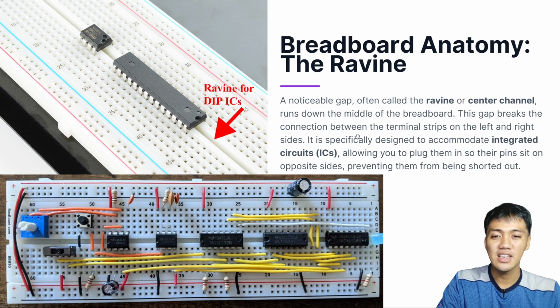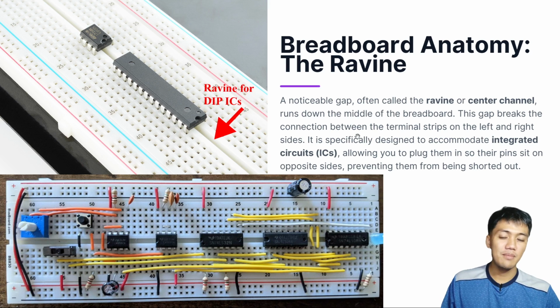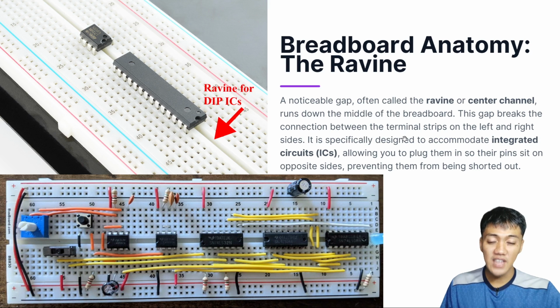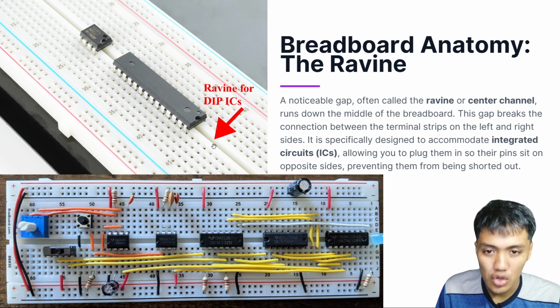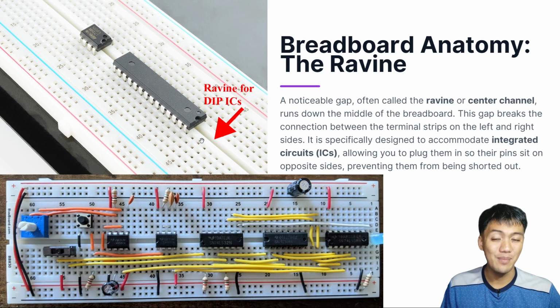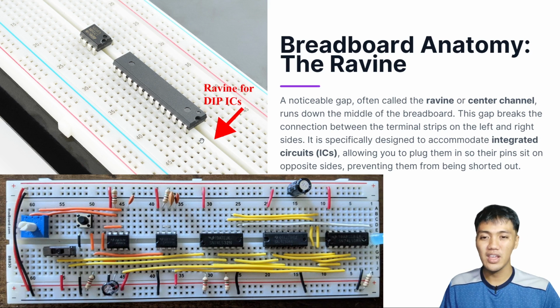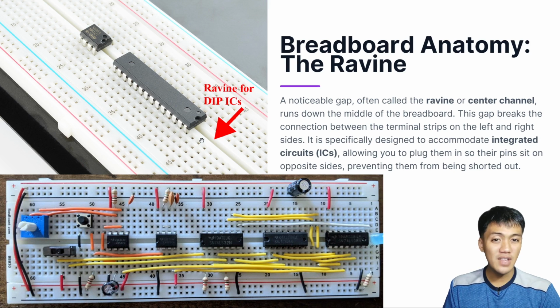It is designed like that because you don't want these legs to be connected at the same time. You can do so if the purpose of the IC is to be like that, but most of the time each leg has a specific function and they are not to be connected unless the function says so.